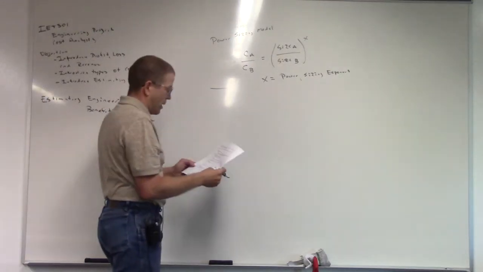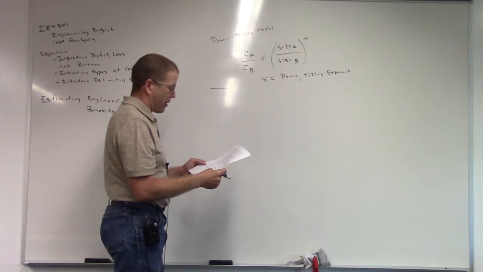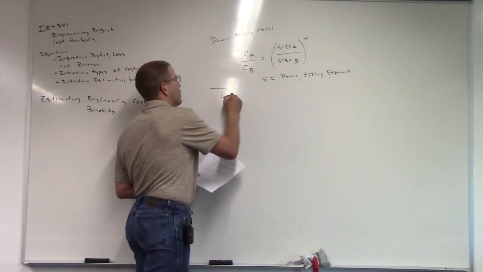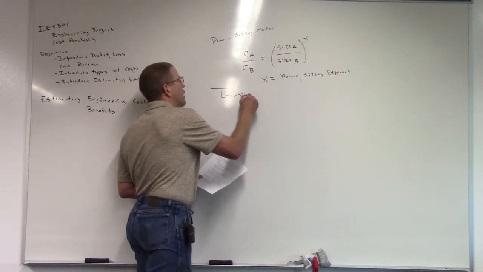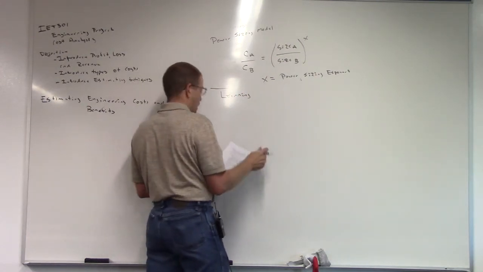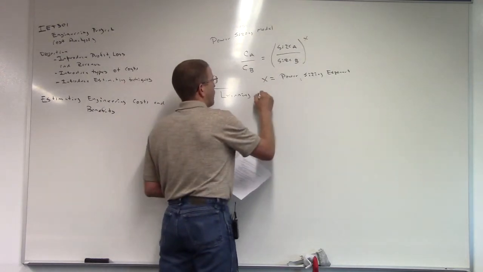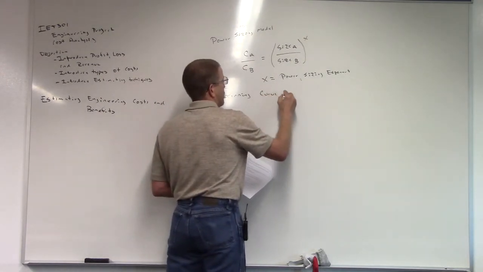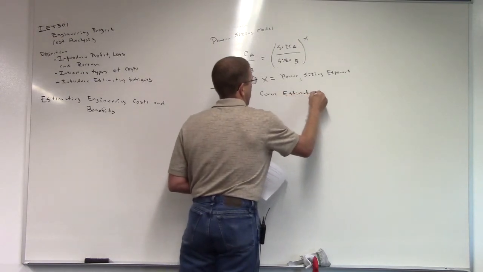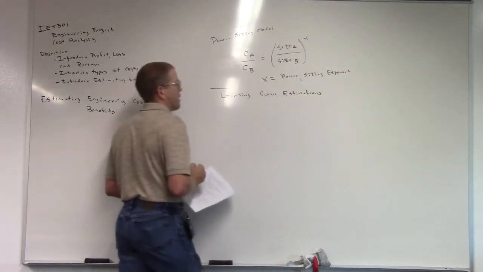I'm almost out of time here, so I want to finish off the last couple items. In addition to these other estimating techniques, there is a learning curve estimation that is sometimes employed in manufacturing settings.